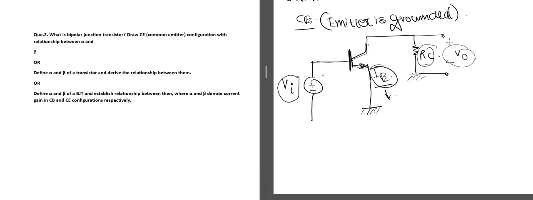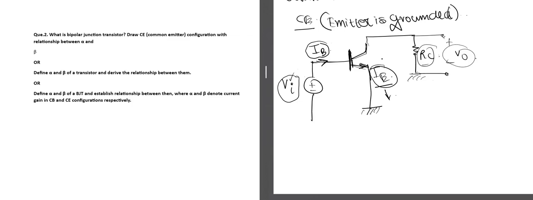We are giving the power supply Vi to the base, and for this we get a current IB. This IB is the input current, applied to the base of the transistor.